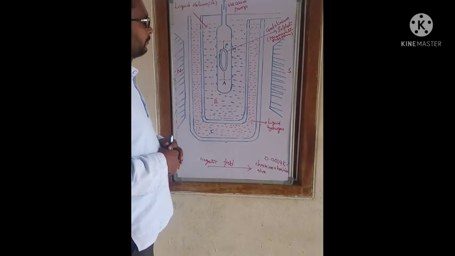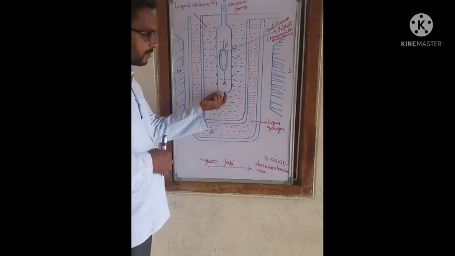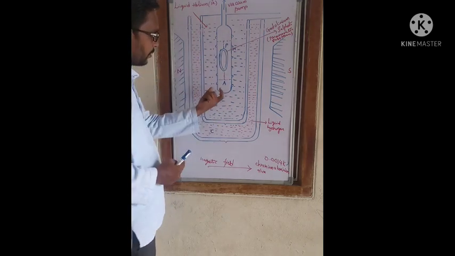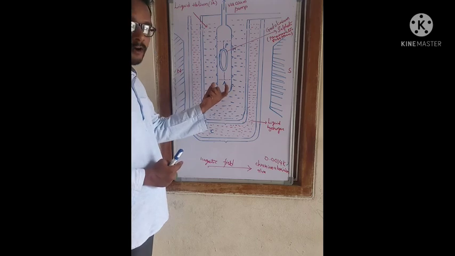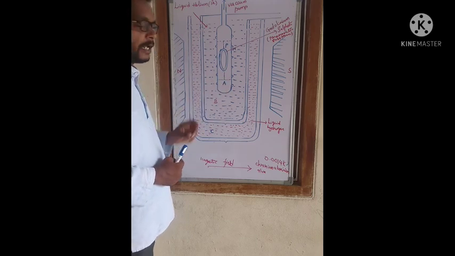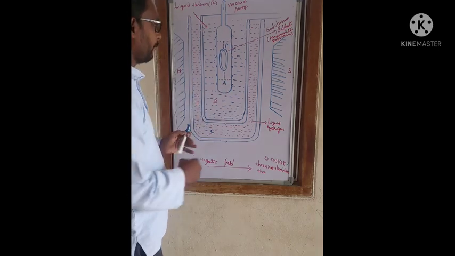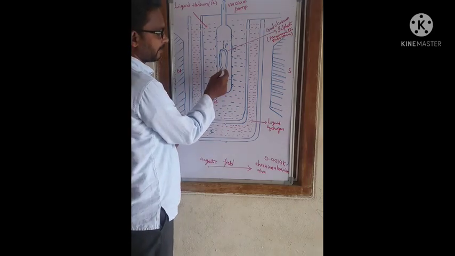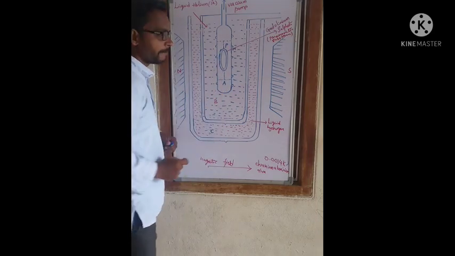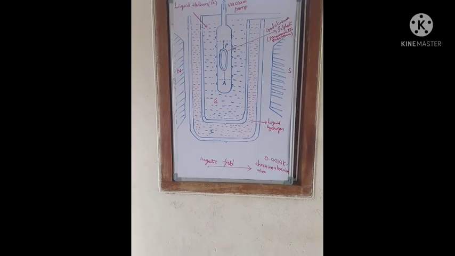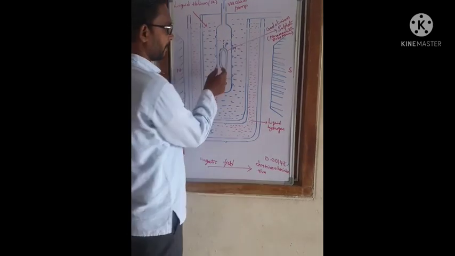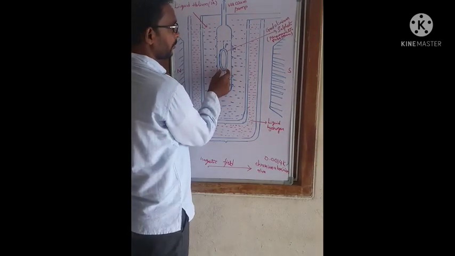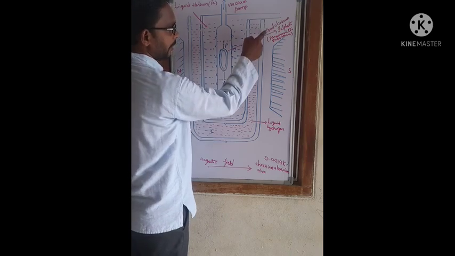I am taking chamber A. This center portion is called chamber A. In this chamber A, we are taking a paramagnetic substance, where P is the paramagnetic substance. What type of paramagnetic substance is this?